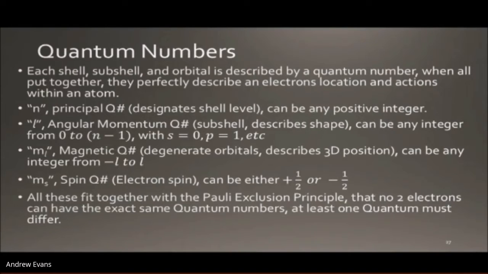We talked about how to write an electron configuration, both full and condensed electron configurations, and finally the electron configuration of an ion. This last slide is just a review of all the different ways we designated these electrons.